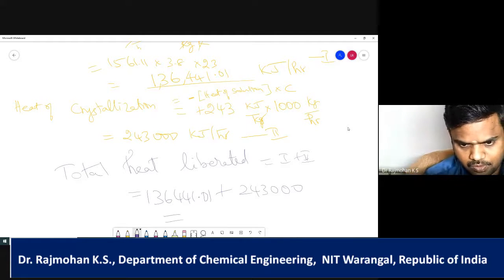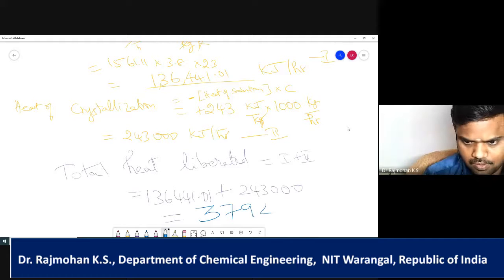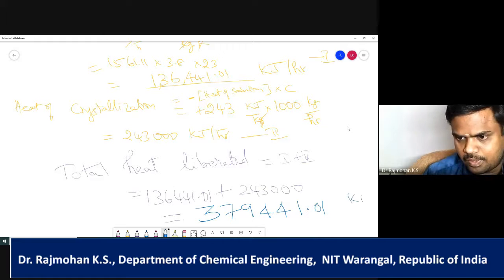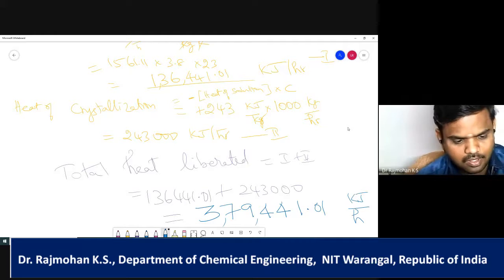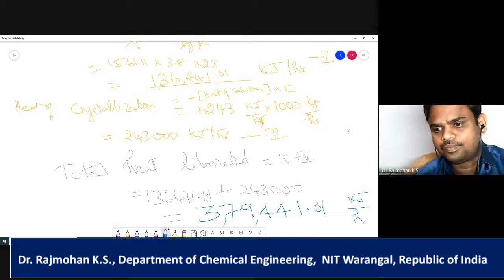So we have 379,441.01 kilojoules per hour. So almost 380 megajoules per hour we are getting.